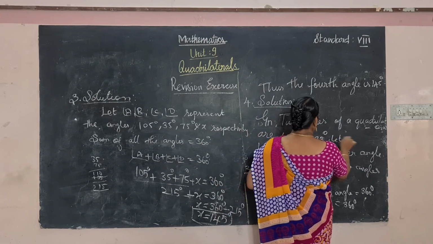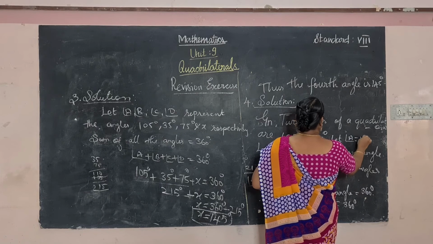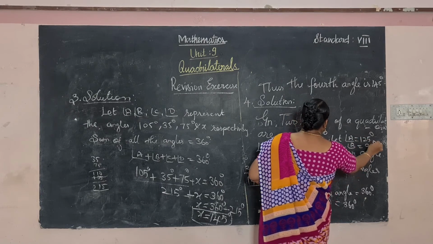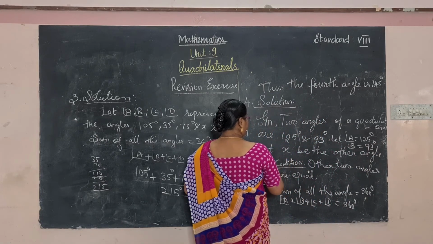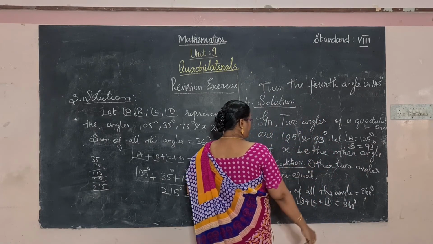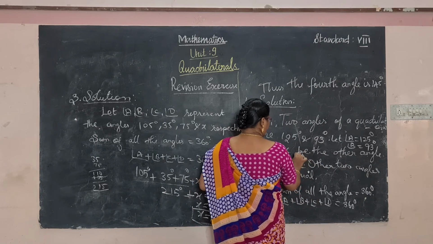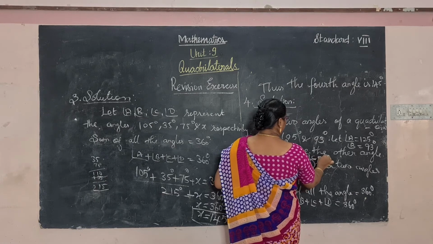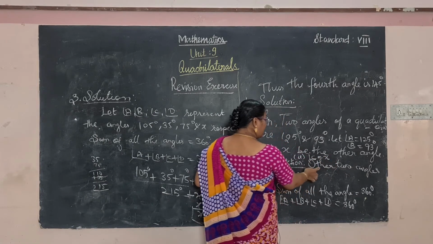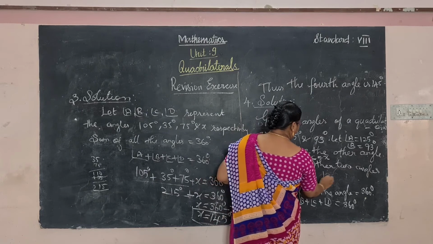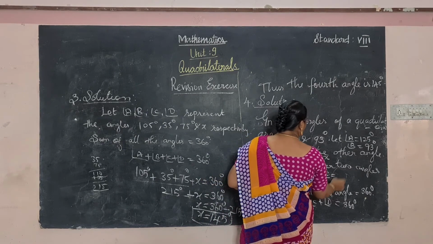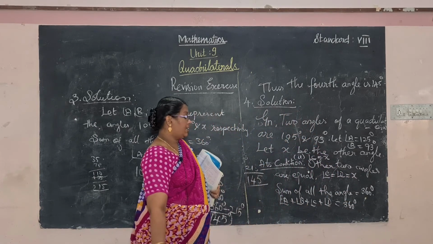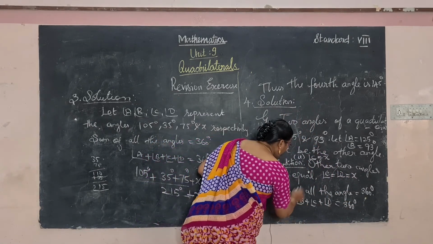Let angle A is equal to 125 and angle B is equal to 93 degree. And x be the other angle, that is angle C is equal to x. What is the condition? Other two angles are equal. So angle C is equal to angle D, also x.